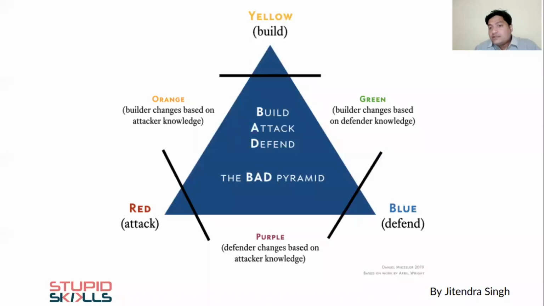And if there is knowledge being used from the defensive side to make the system stronger, then that set of people is identified with color green. So I hope you understand that this is just a color code which is used for a set of teams, and it is used to differentiate between them.